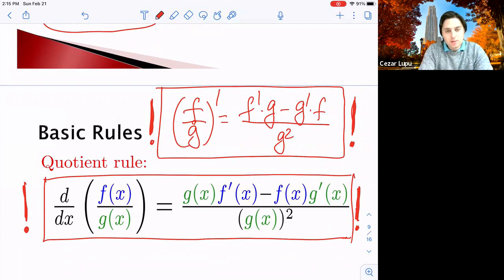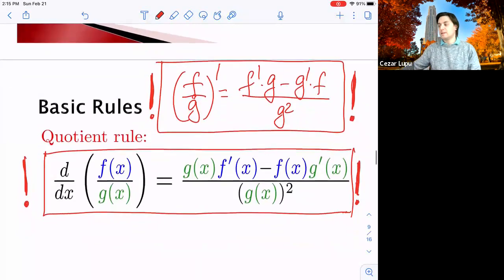So once again, the derivative with respect to x of f of x over g of x is nothing else than g of x times the derivative of f with respect to x minus f times the derivative of g with respect to x, everything over the square of the function g, as you can see it here. In other words, f over g everything prime is f prime times g minus g prime times f, everything over g squared.